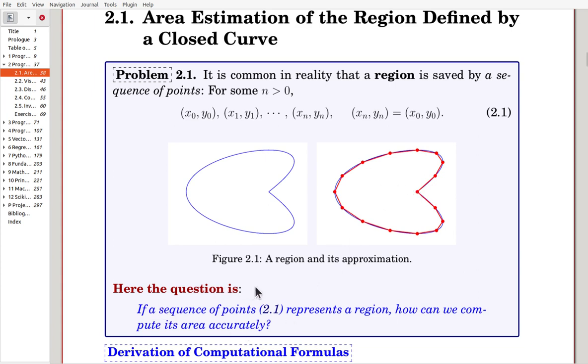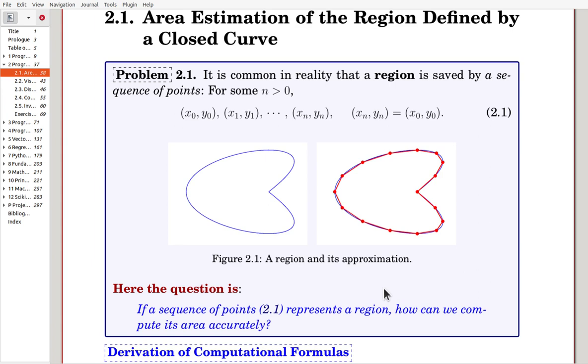Here the question is, if a sequence of points represents a region, how can we compute its area accurately? Such a problem is quite common in reality, particularly once you are working on medical images such as X-ray images or the cross-section of CT scan or MRI images.